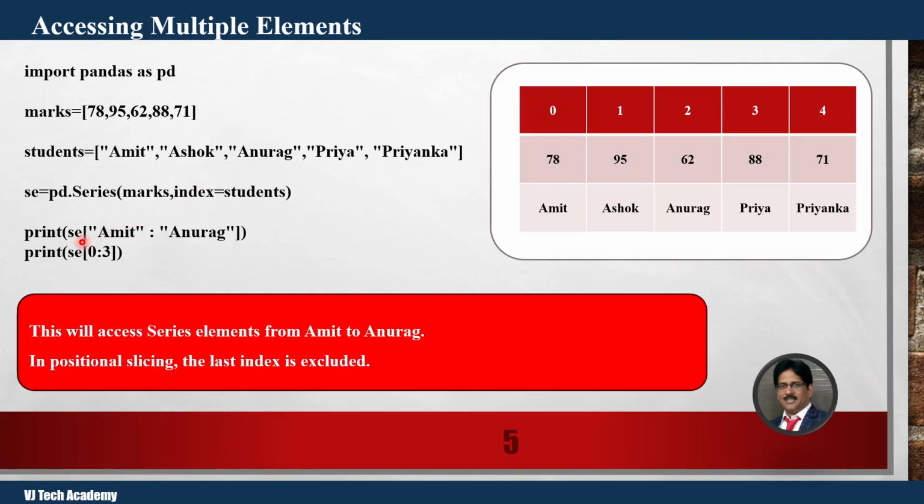We write se['Amit':'Anurag']. This is labeled indexing. So all three elements, Amit, Ashok and Anurag, will be accessed, and the last index, that is Anurag, will also be included in this case. But if I use 0:3 as positional indexing, then elements 0, 1 and 2 will be accessed and 3 will be excluded.